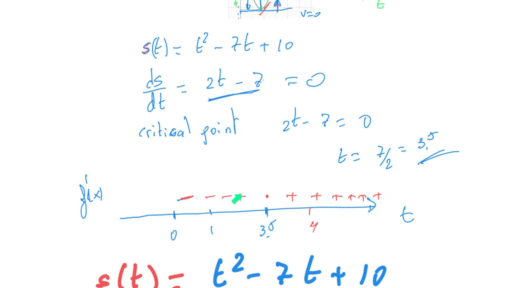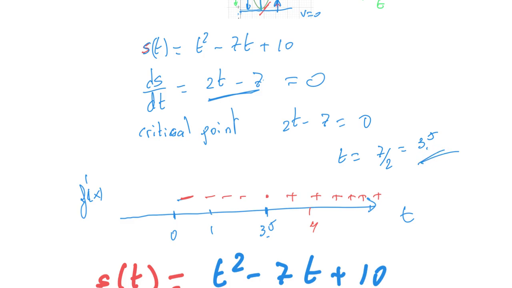So on this interval from 0 to 3.5, the velocity is negative, or the slope is negative. On this interval from 3.5 to infinity, the slope is positive. And at this point, 3.5, the slope is 0 because the solution to the equation 2t minus 7 equals 0 happens to be when t equals 3.5.